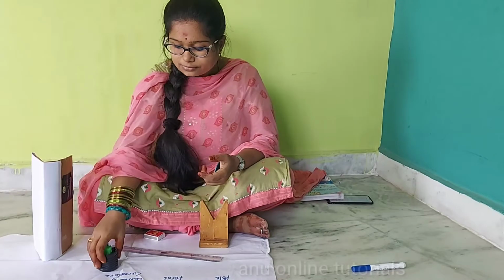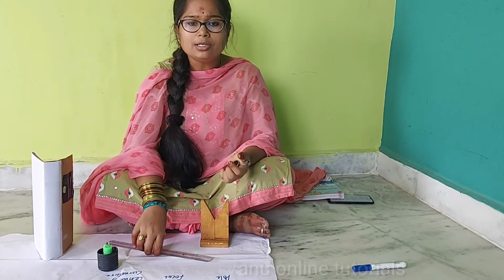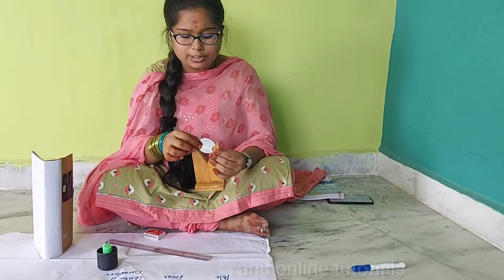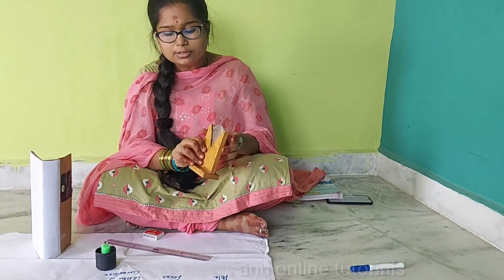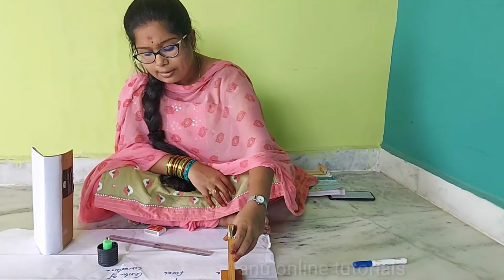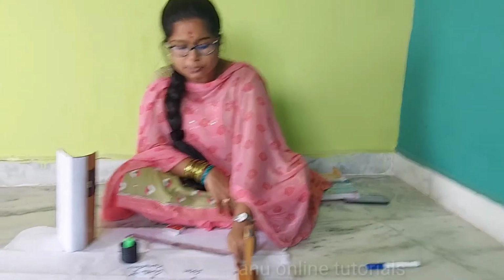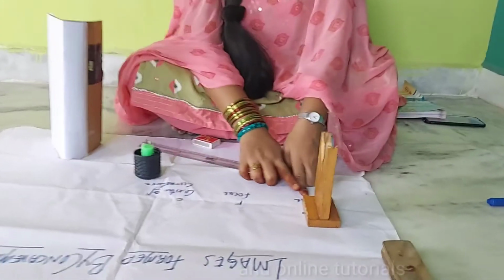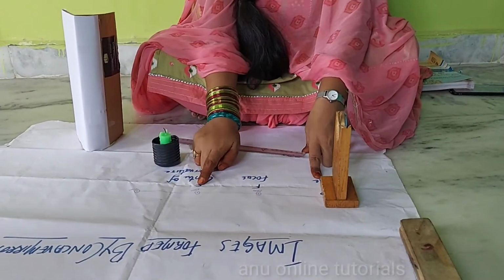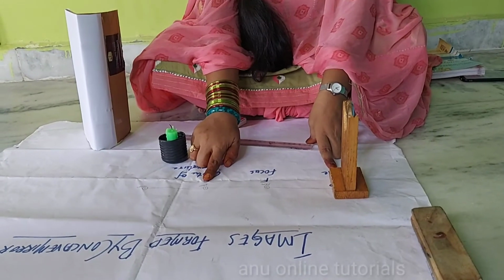So first you draw the focus of this mirror. The place of the mirror is said to be the pole, and from the pole you draw F and C at 10 centimeters distance each.